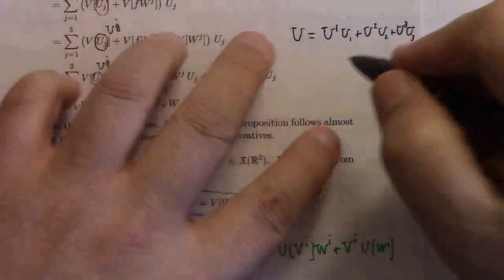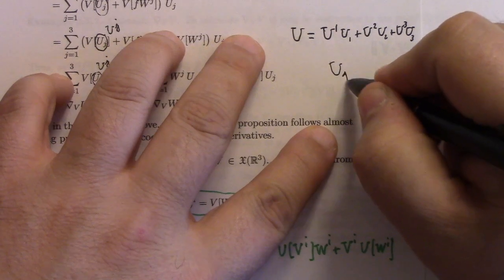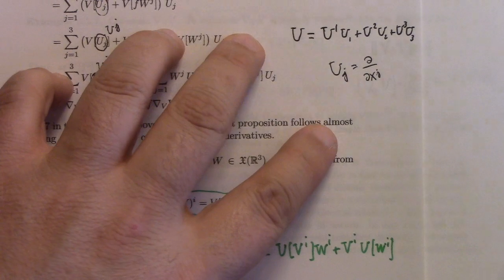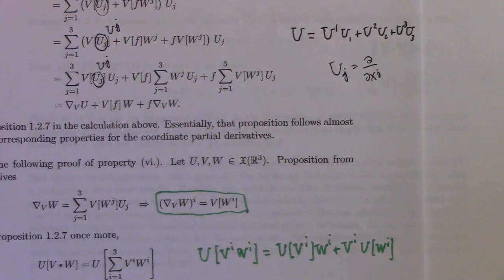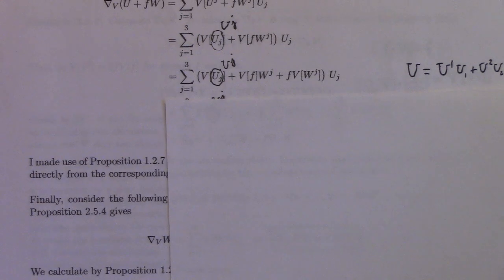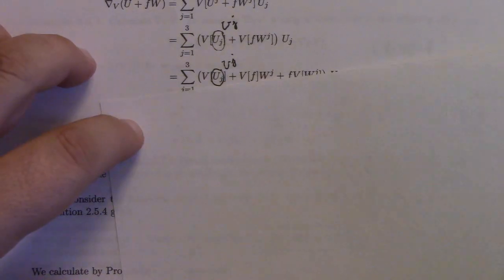Here the lower U_i, let's say U_j, is ∂/∂x_j, that's our go-to notation here. Unfortunately, there's a typo there. It should have been U upper j given my current unfortunate choice of notation.